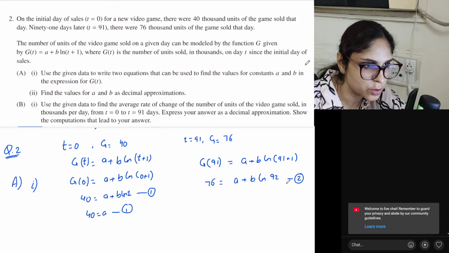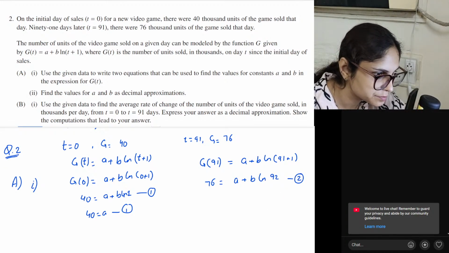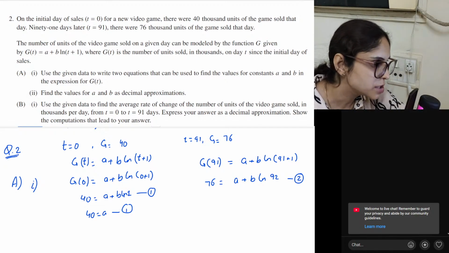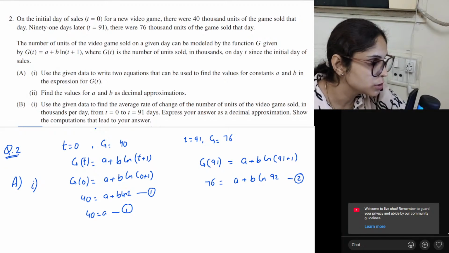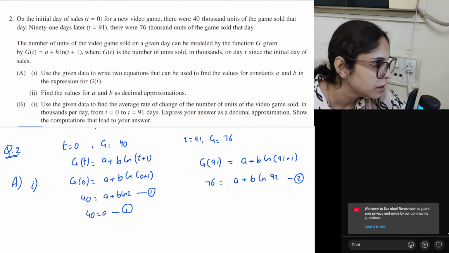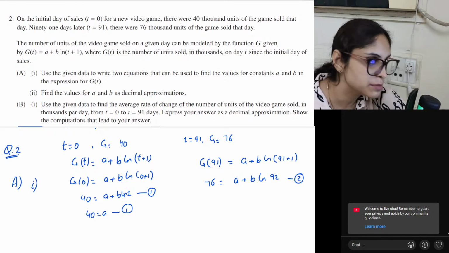This is my second equation. Got it? So the first equation is 40 is equal to A plus B ln 1. Second equation is 76 is equal to A plus B ln 92. Find the values for A and B as decimal approximations.